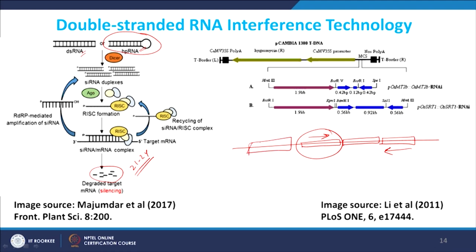and put a promoter here to drive this hairpin loop. Then this messenger RNA will make this kind of structure. This region and this region will pair here, and it will generate a hairpin structure, and this will be endogenously processed, and then it will generate siRNA, and this siRNA will specifically target the endogenous messenger RNA against which it has been designed, and then it will down regulate the expression of those genes.